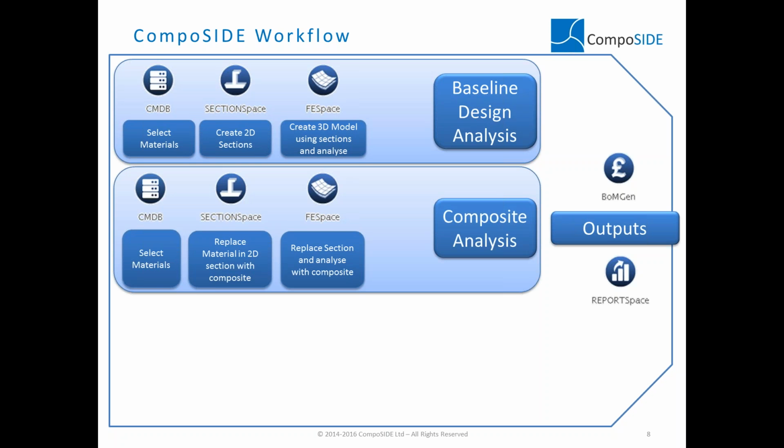So for those that aren't very familiar with composite materials, you may be thinking, how do I know which material is best for me to choose? Which material am I going to use first? This is where we can use CMDB to analyze the materials, compare them against each other, and then select one, maybe a low technology one, so we can get a good feel of how our structure is going to respond.